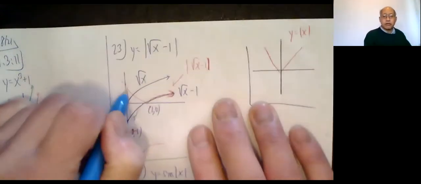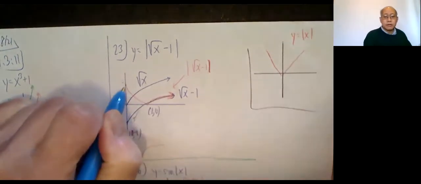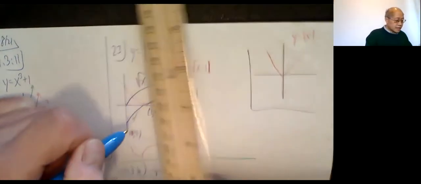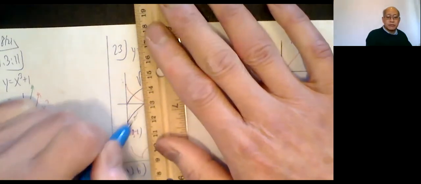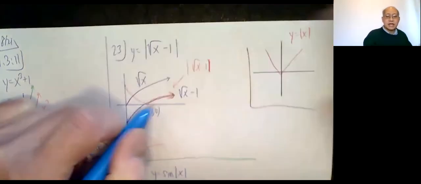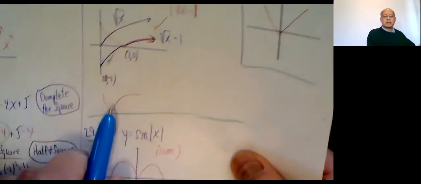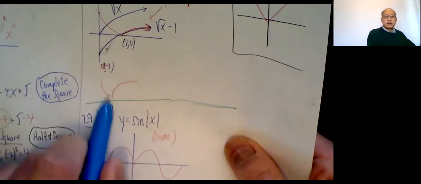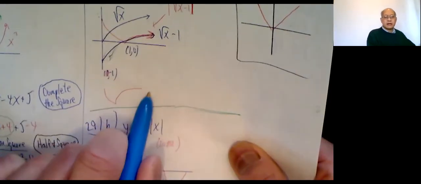The red is now the final graph. Imagine reflecting this piece across the x-axis. This stays the same. I've got a little representation right here. So it comes down like that and like so.